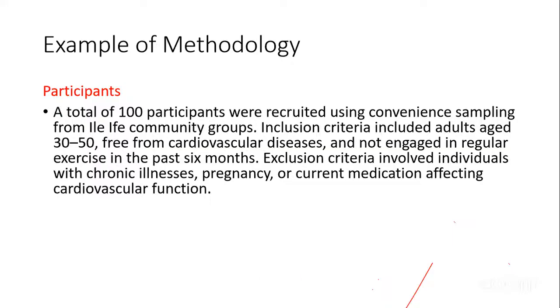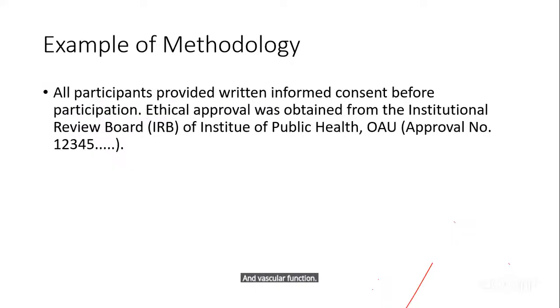Inclusion criteria included adults aged 30 to 50, free from cardiovascular diseases, and not engaged in regular exercise in the past 6 months. Exclusion criteria involved individuals with chronic illness, pregnancy, or current medication affecting cardiovascular function. All participants provided written informed consent before participation. Ethical approval was obtained from the Institutional Review Board of the Institute of Public Health.